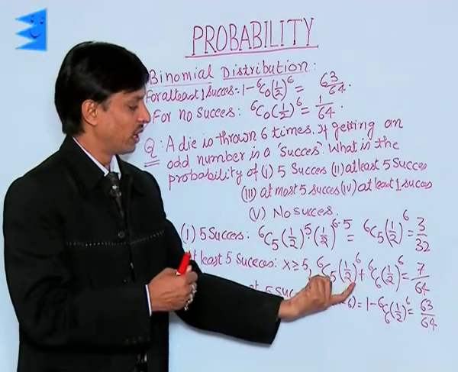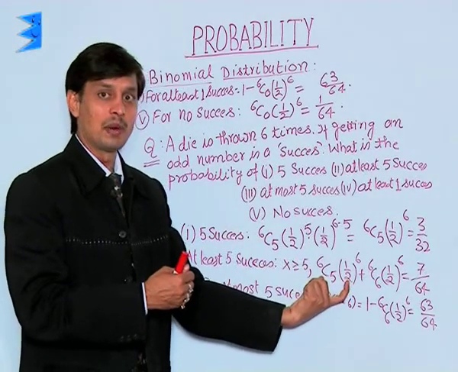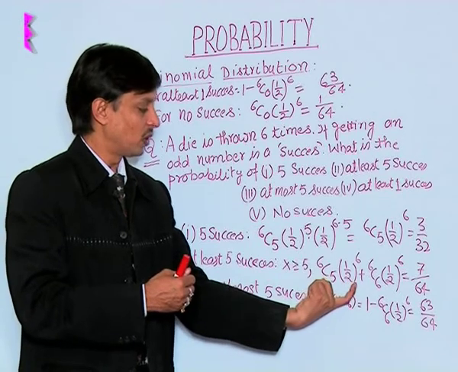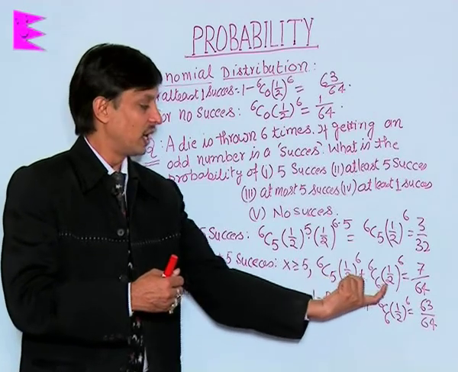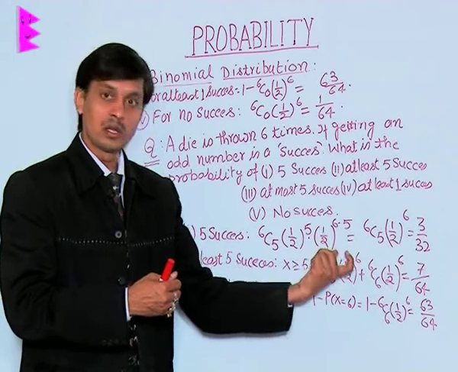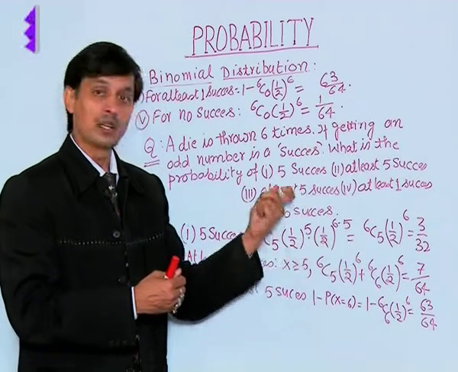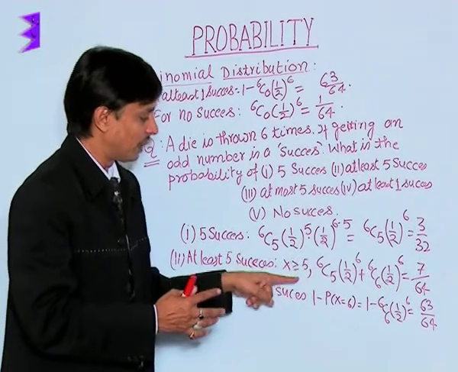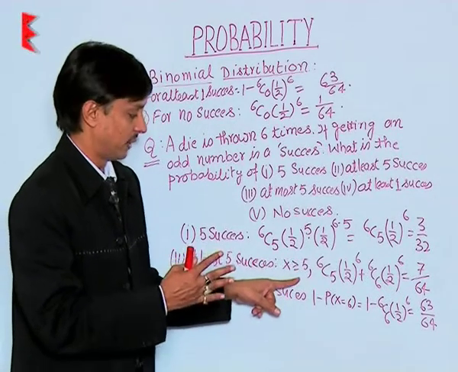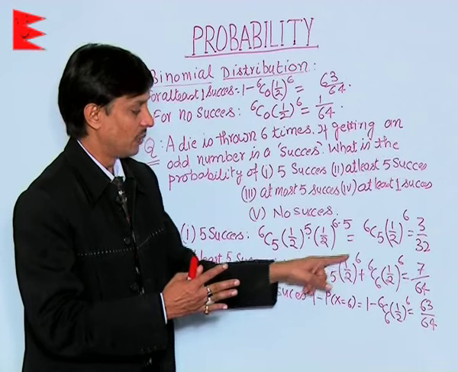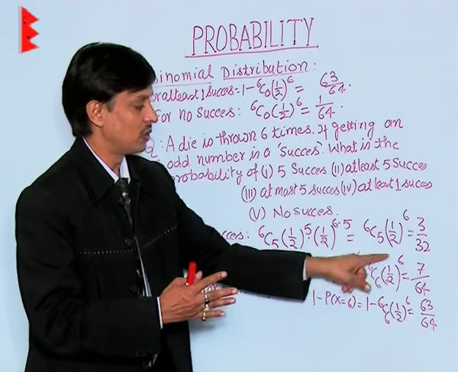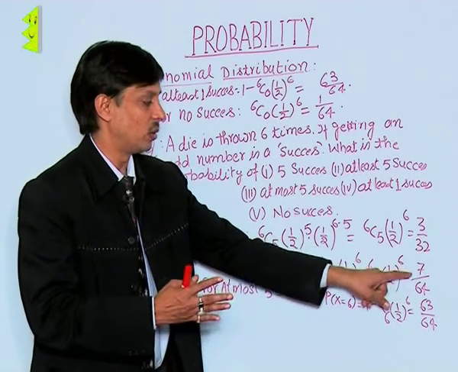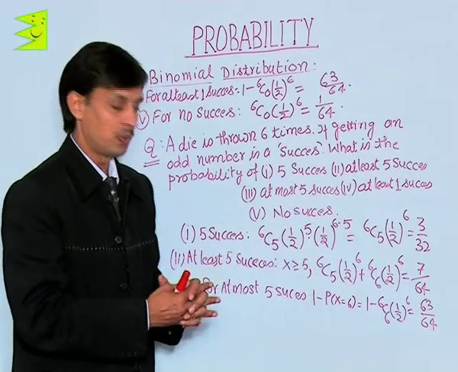The reason being, we are using the same result nCr, p to the power r, q to the power n minus r, with r as 5 here and r as 6. For at least 5 successes, we get 6C5 half to the power 6 plus 6C6 half to the power 6, whose net value gives you 7 upon 64.